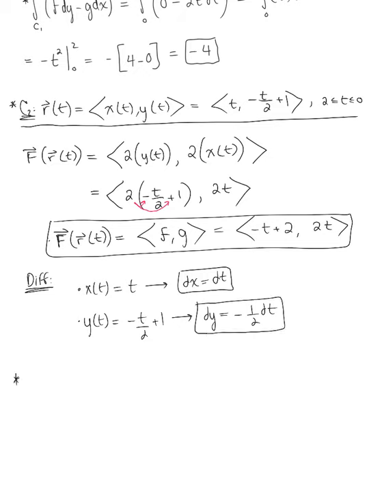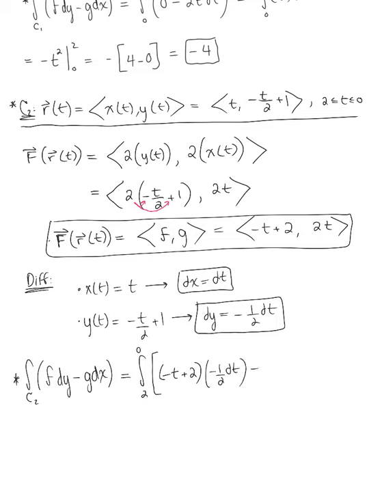And we're ready now to compute this vector line integral. So the vector line integral over c sub 2 of f dy minus g dx. Plugging in what we just found, we have the integral now from 2 to 0 of our f component, which is minus t plus 2 multiplied by dy, which is minus 1/2 dt, minus our g component, which is 2t, multiplied by dx, which is dt.